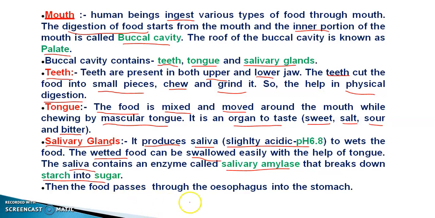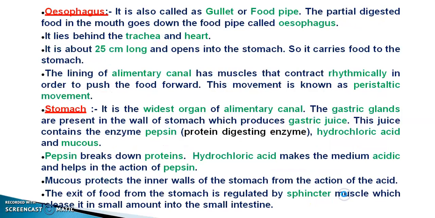Now this food passes through the esophagus into the stomach. So what is the esophagus? The esophagus is known as the gullet or the food pipe, because the partially digested food material goes down through this food pipe into the stomach, and this esophagus is about 25 centimeters long, right?